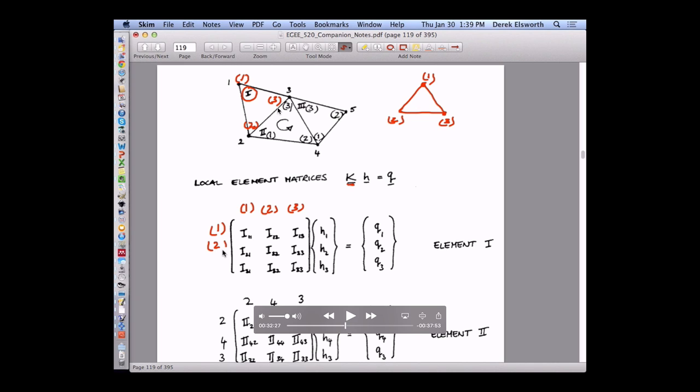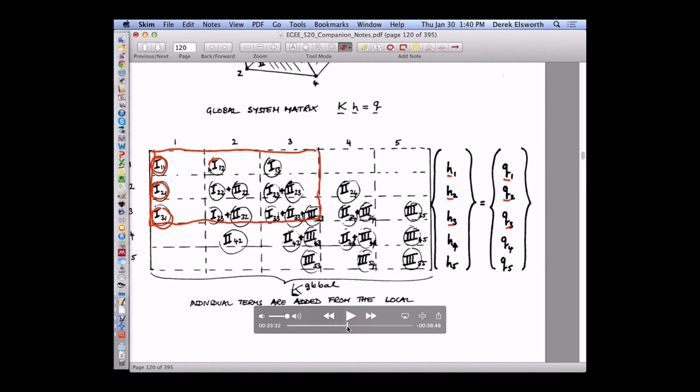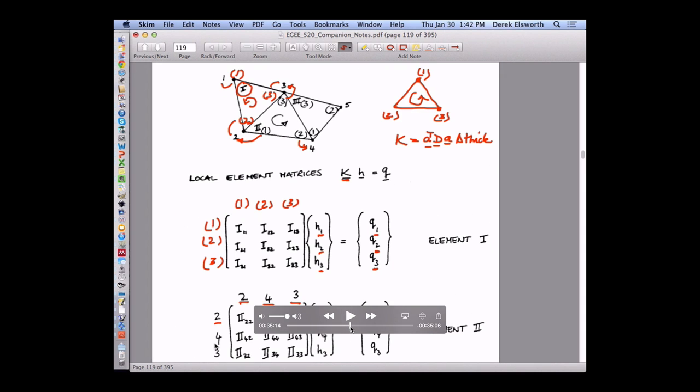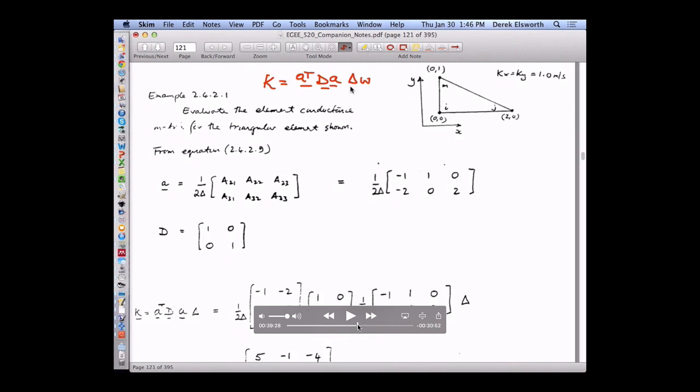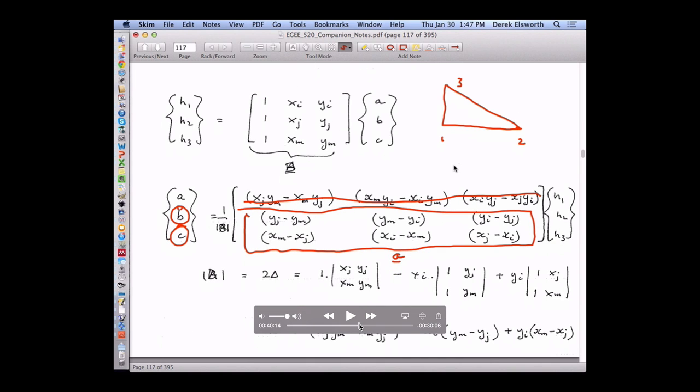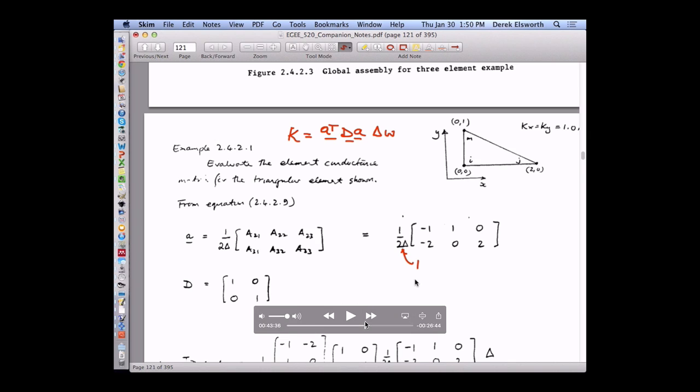And in doing that, it allows us to put together a global system of equations. And so it's starting to get repetitive because we've done it before. And the skill in this actually comes to just defining the individual terms which are part of this A matrix, which is just a 2x3 matrix.